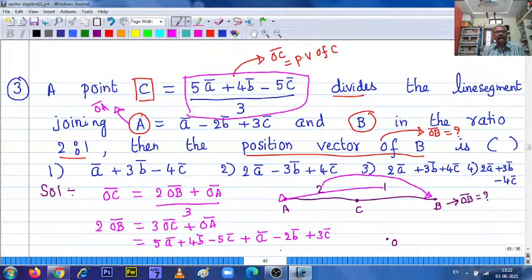Just simple addition. 5A bar plus A bar is 6A bar. 4B bar plus 2B bar, minus 5C plus 3C, that is minus 2C bar. 6A bar, this is 2 OB bar. We need OB bar. Divide by 2.